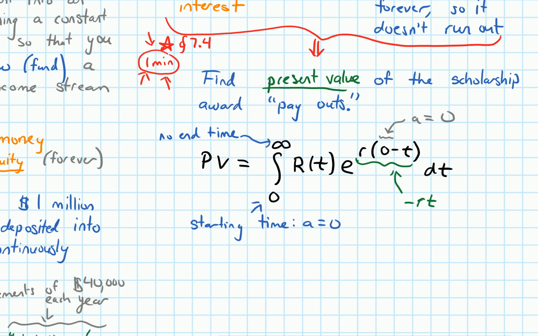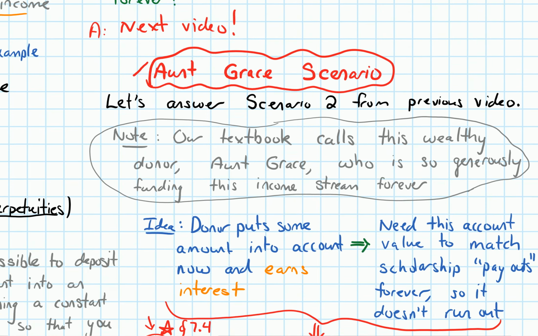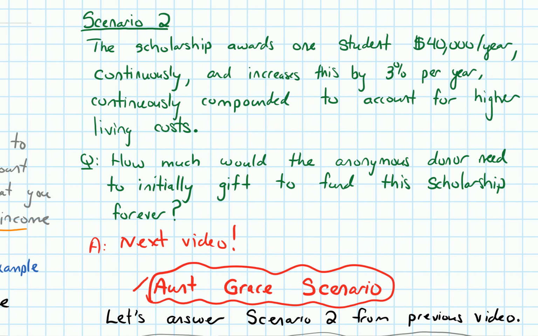All right, let's start to plug in the values from our example. I'll put an arrow here for each value. R(t) is the value of our income stream, which is based on how much these people are going to be withdrawing for scholarships.